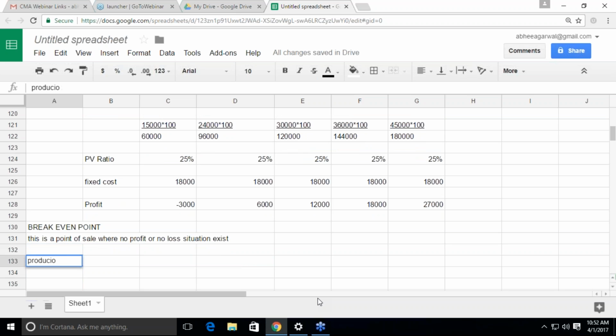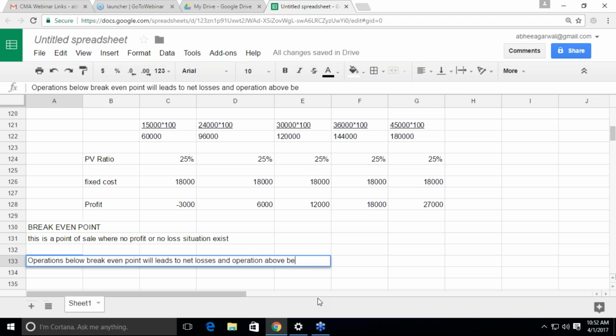Production, or I can say operations, below break-even point will lead to net losses, and operations above break-even point will lead to net profits.